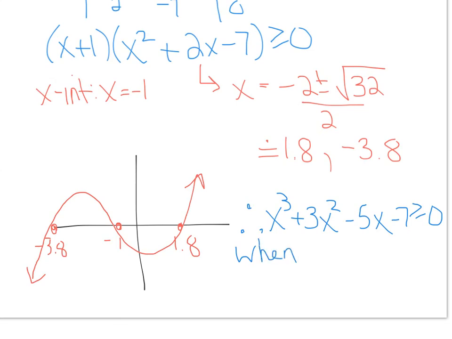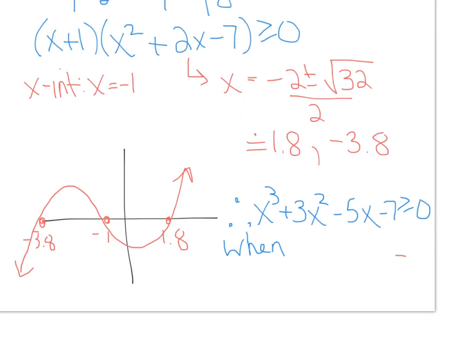Now we do need our exact values for our conclusion, so let's make sure we have the exact values of our radicals. This can be written as negative 2 plus or minus the square root of 16 times 2, so 4 root 2 over 2, and that simplifies to negative 1 plus or minus 2 root 2. That's the way to write that radical exactly, and you do want to do that when you're stating your conclusion.